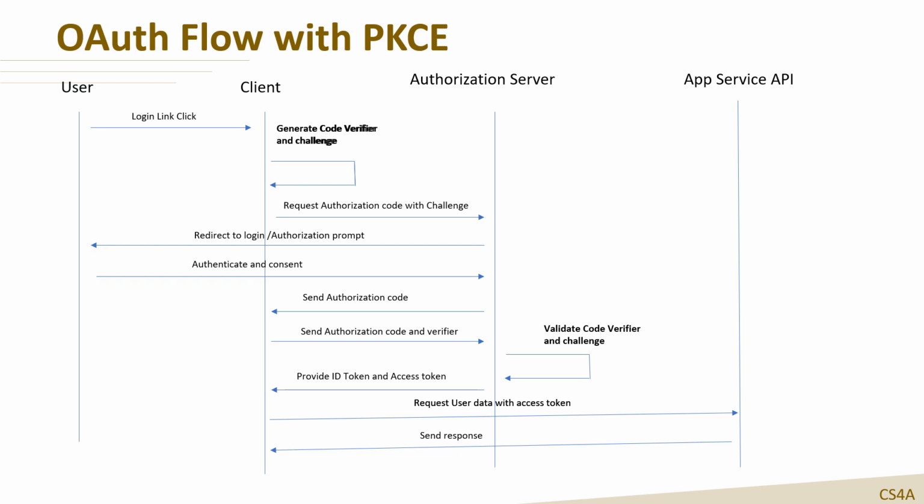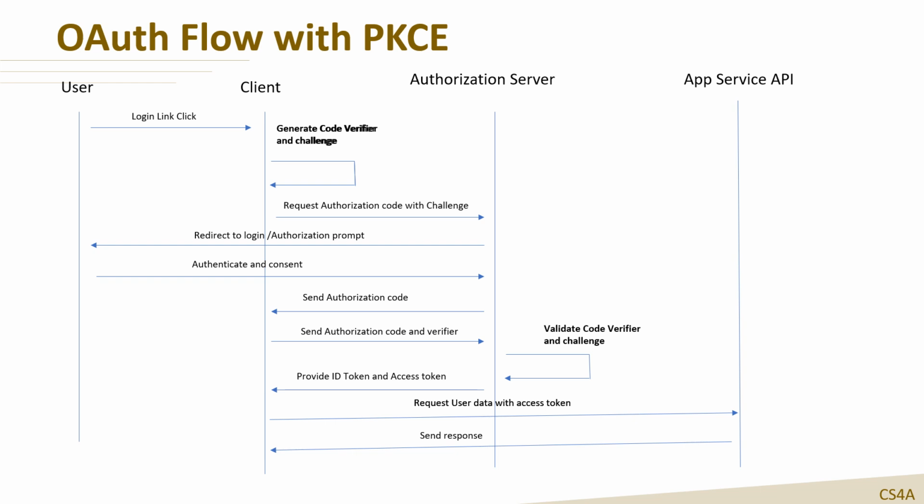And it can get the response. So the main thing PKCE does is generate a code verifier and the code challenge, and it injects that code challenge as part of this authorization workflow. How it benefits is in the redirection, in the browser as well as the mobile application.